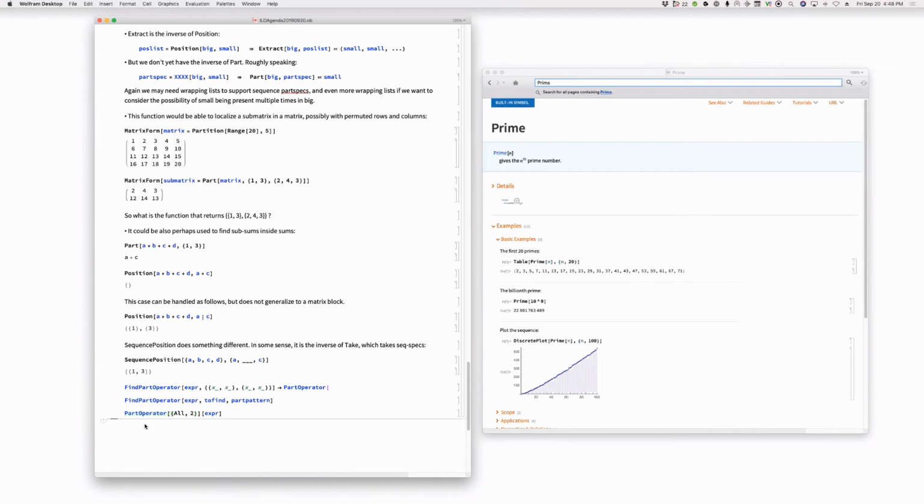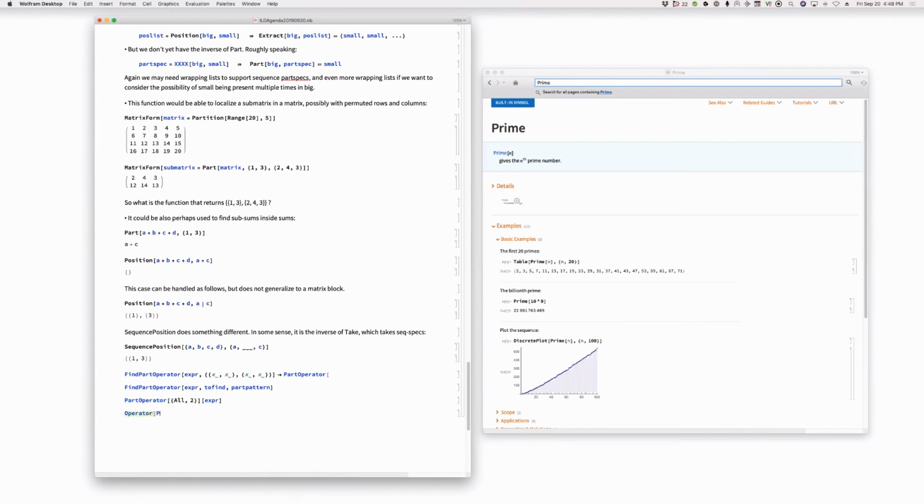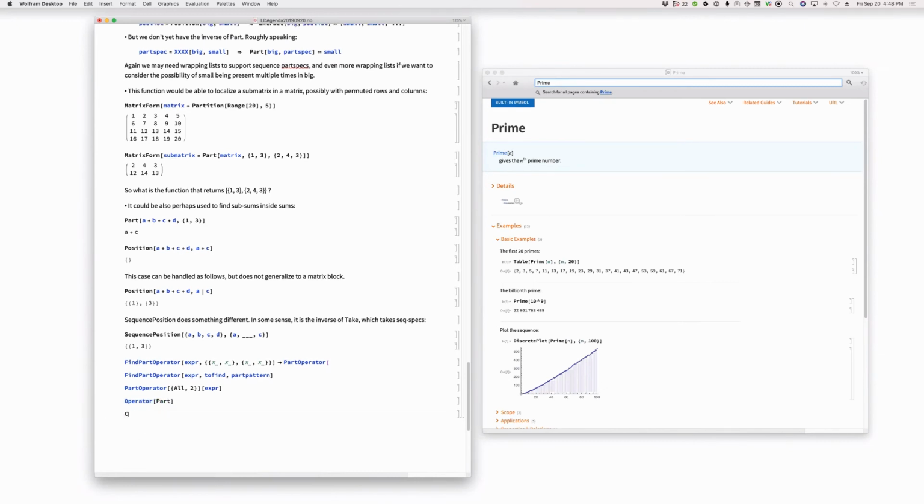By the way, the part operator in our current world will be equivalent to operator of part, would it not? Yes. But operator of part cannot handle sequence. It would have to be a list. Well, you are already writing it as list all comma 2. Well, there I was, yes.